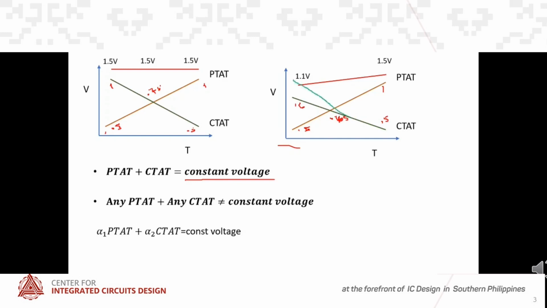And then, i-assume na lang as straight ni, kay same man sila og scale. Kay gi-scale man nato na siya, this would make PTAT and CTAT cancel. So, in mathematical way, we can represent it as alpha 1 multiplied by the PTAT, and alpha 2 by the CTAT, which makes it a constant voltage.